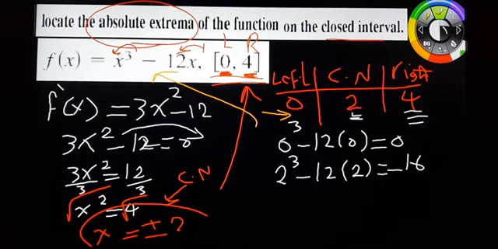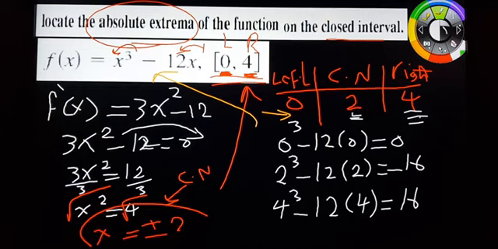Then 4 again in the original function, so it will be 4 to the power 3 minus 12 into 4, which is positive 16.